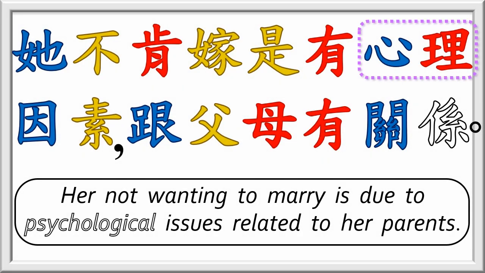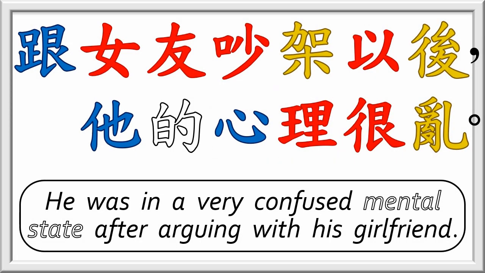Speaking of minds, one's psychology or mental state is rendered as 心理, literally your mind landscape. 她不肯嫁是有心理因素，跟父母有关系。Her not wanting to marry is due to psychological issues related to her parents. 跟女友吵架以后，他的心里很乱。He was in a very confused mental state after that argument with his girlfriend.